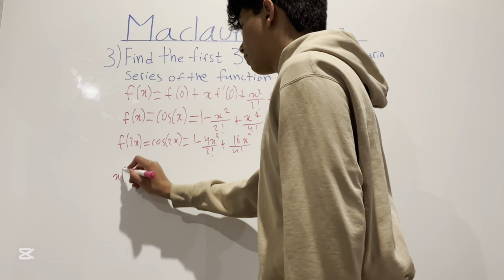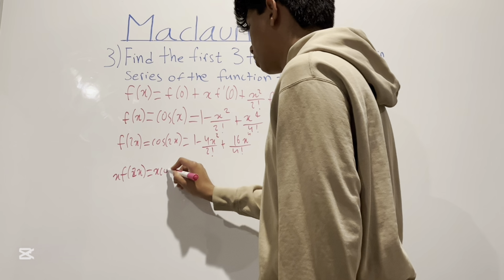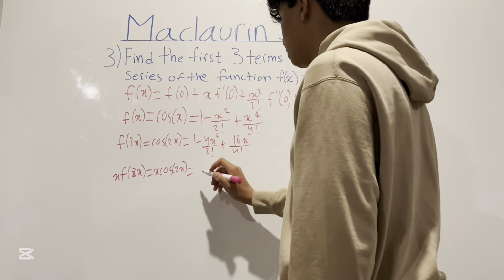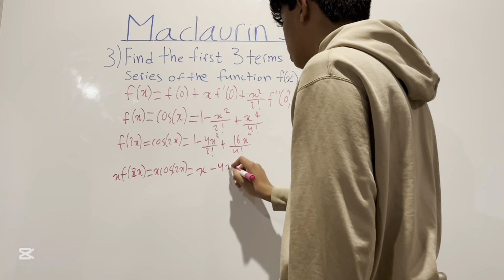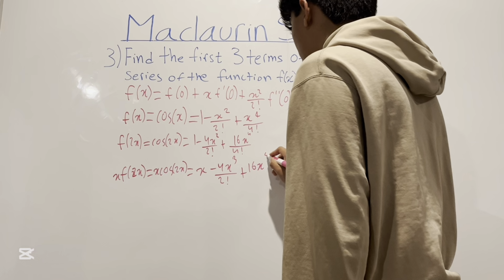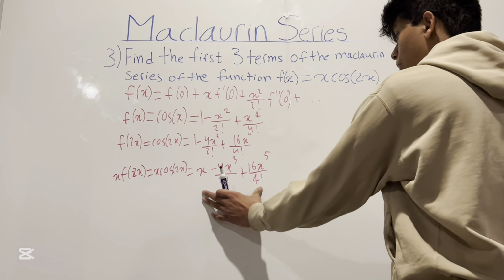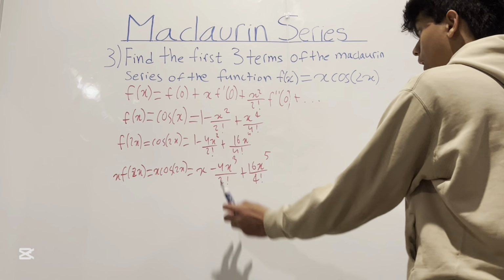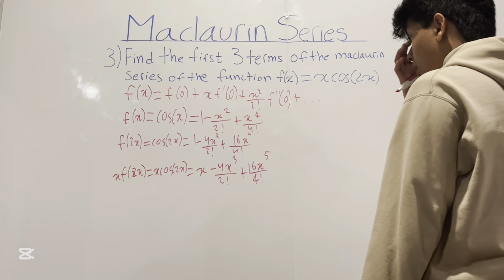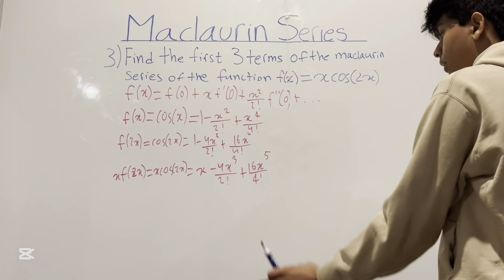So x cosine of 2x equals, now we just multiply every term by x. So x minus 4x cubed over 2 factorial plus 16x to the 5 over 4 factorial. And now we already have our first three terms. And in fact, in my opinion, that was a lot simpler than finding the derivatives for each term and then plugging in and then simplifying.